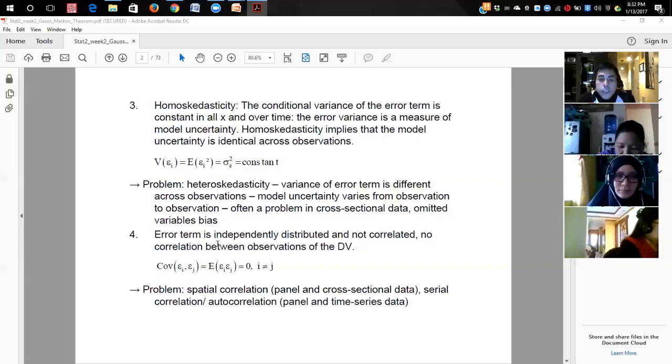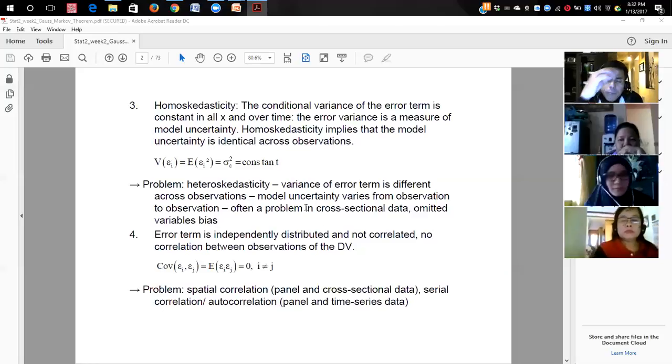So right here, if there's a problem with heteroskedasticity, which is often a problem in cross-sectional data, you might have an observational bias. And again, in linear regression, the major cause of heteroskedasticity are the outliers, and we need to remove those in linear regression.